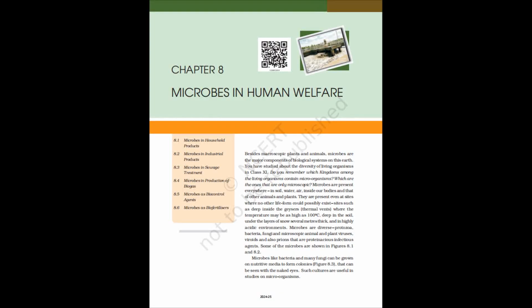Cattle dung is available in large quantities in rural areas where cattle are used for a variety of purposes. So biogas plants are more often built in rural areas. The biogas thus produced is used for cooking and lighting. The picture of a biogas plant is shown in Figure 8.8. Figure 8.8: A typical biogas plant.